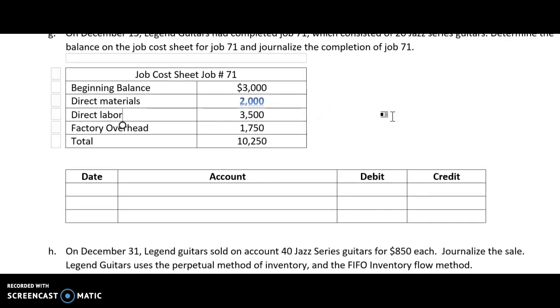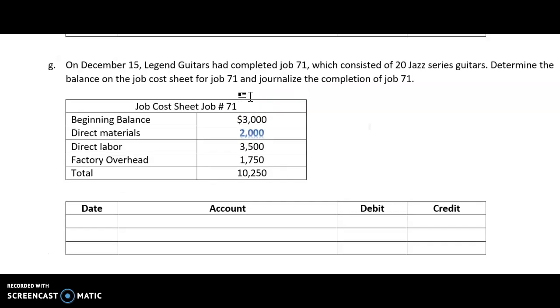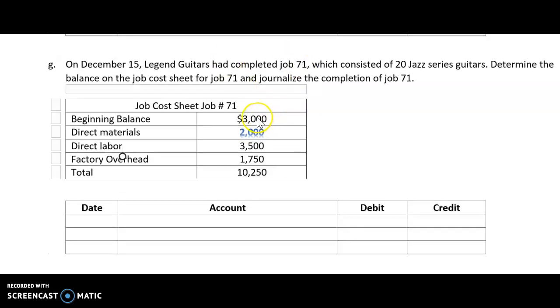So that's where that number would come from. So when we add up the beginning balance plus the direct materials plus the direct labor and the factory overhead, the total job was $10,250.